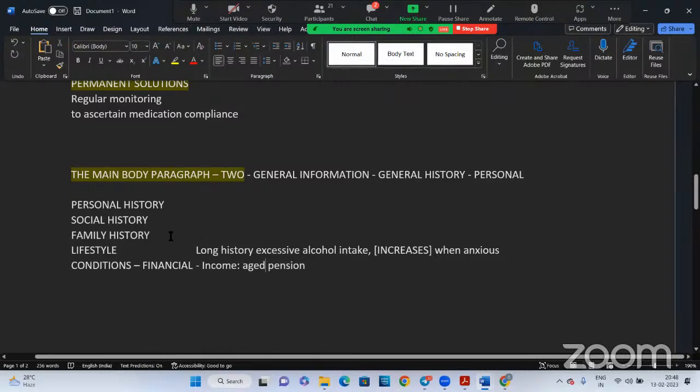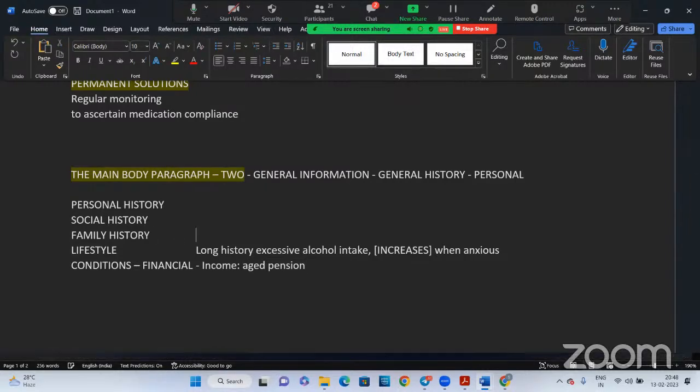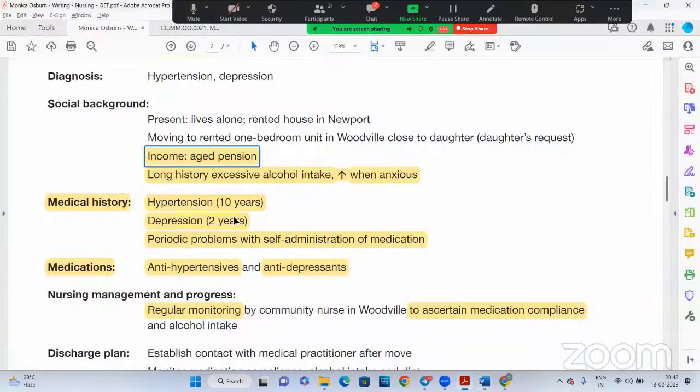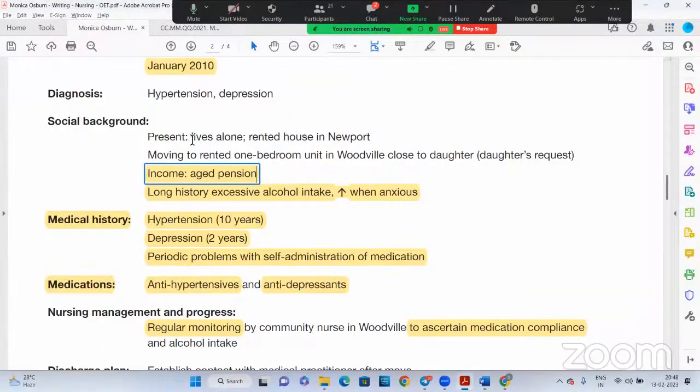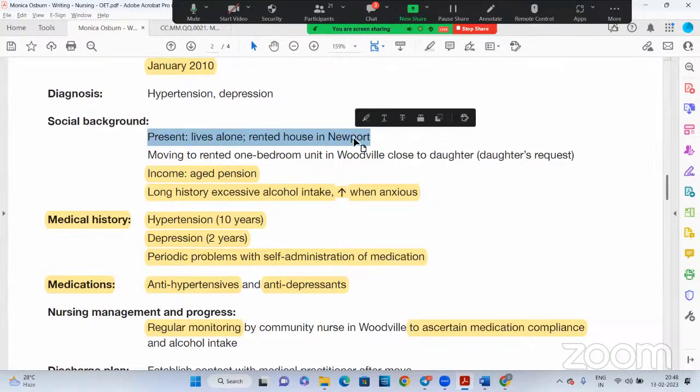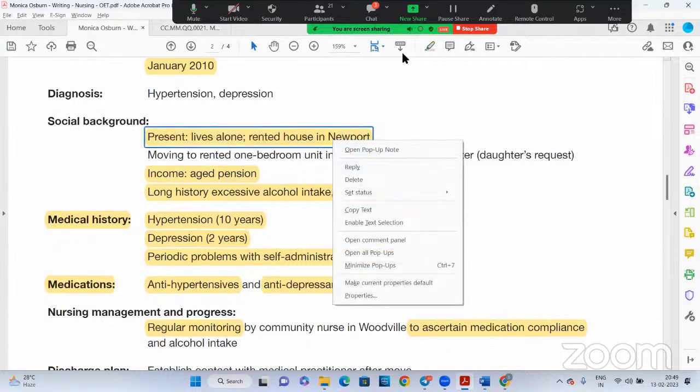Try to understand. And now family history. She used to live alone, and at present she is living alone in a rented house in Newport. We need not tell this to her because she is not going to live in Newport anymore. So this is irrelevant information. This is not required. Danger zone.